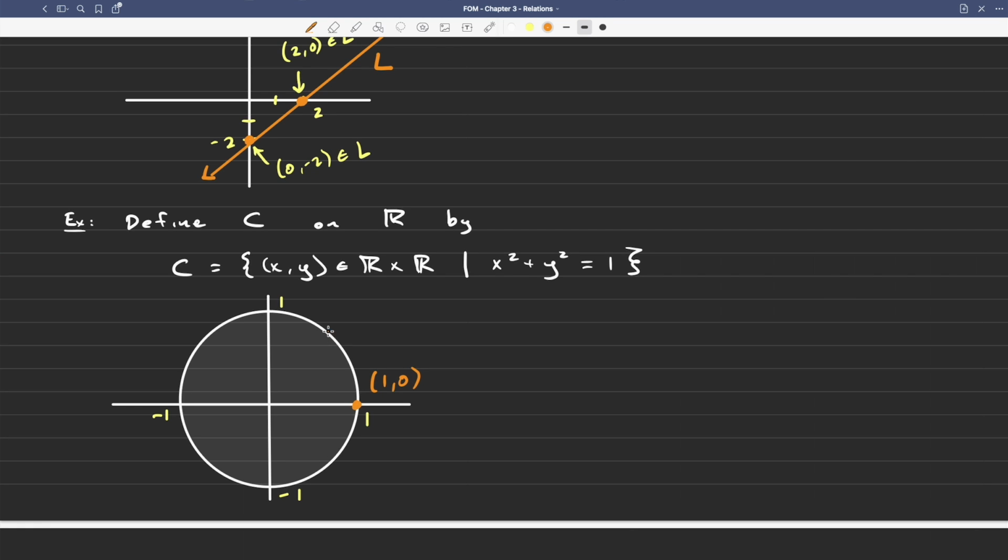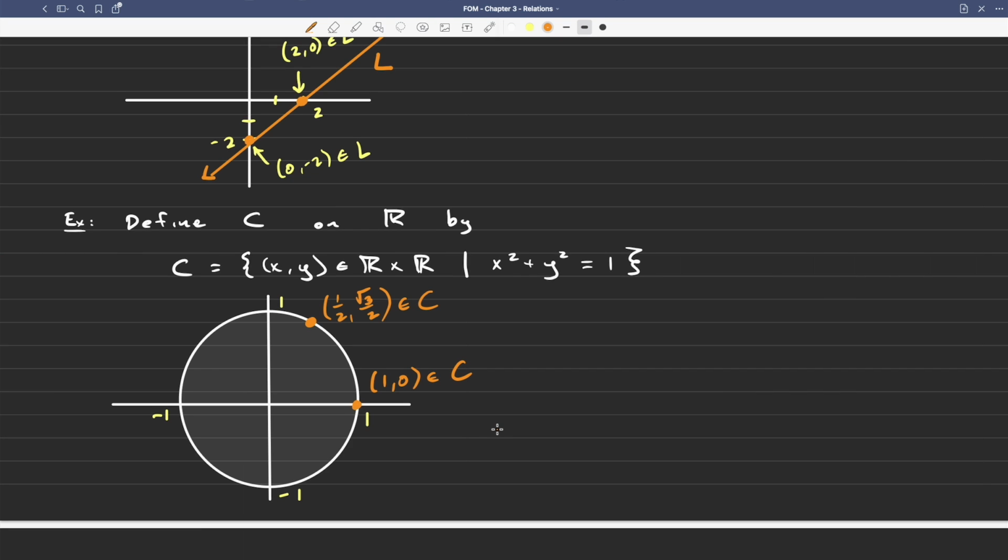But there's also points like out here at 60 degrees, like 1/2 comma square root of 3 over 2, which would be a point on that circle. So that ordered pair is in that relation. Likewise, 1 comma 0 is in that relation. And of course there's an infinitude of points that fall on that circle, so this relation consists of an infinite number of points.